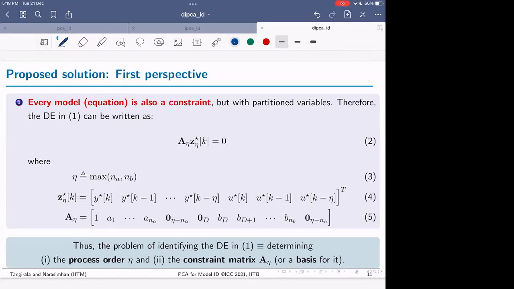Of course, when we do that, in place of the zero values, A hat will not necessarily have these zeros. There will be some non-zero values, because you are only going to obtain a basis.